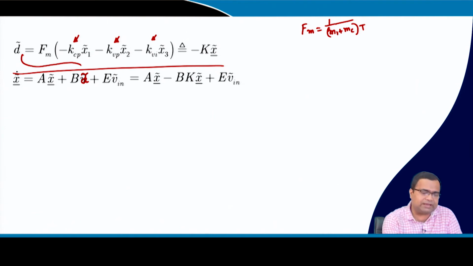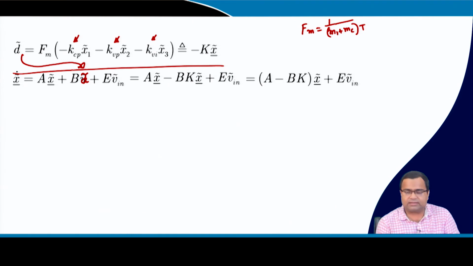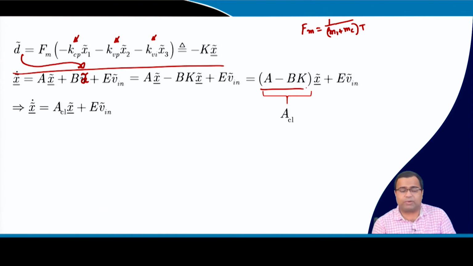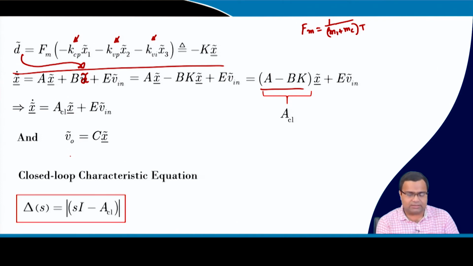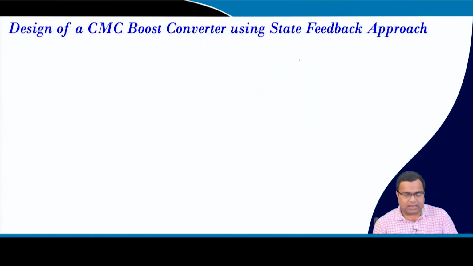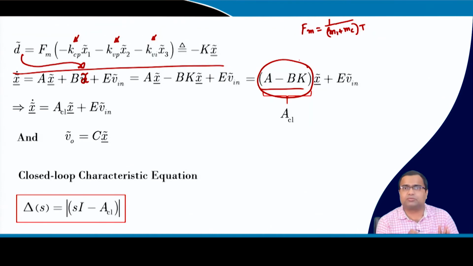If you substitute here, then you will get this, and this is my closed loop matrix, and this is my output matrix. So, the closed loop characteristic equation, which is from the closed loop matrix, is this, and we can shape this closed loop characteristic equation by placing the poles, and since it is a third order system, you will have a polynomial of third order.